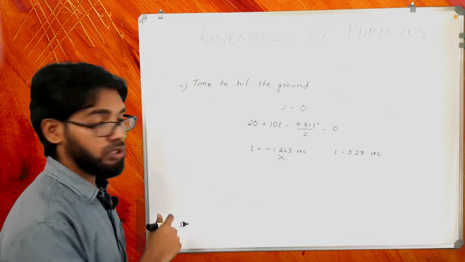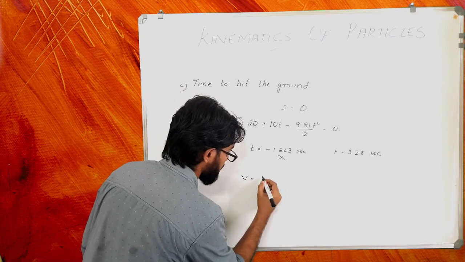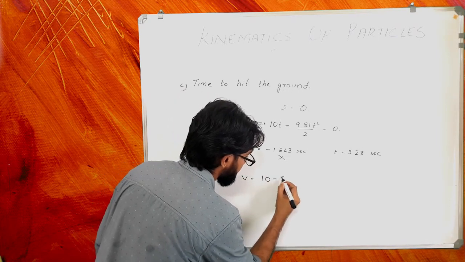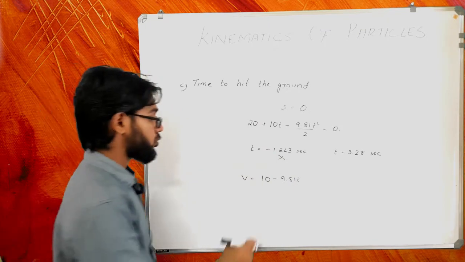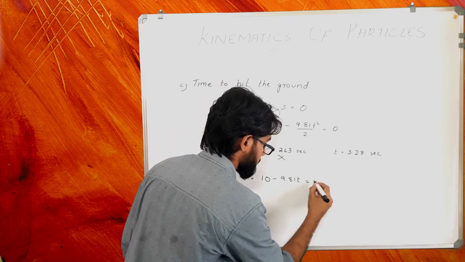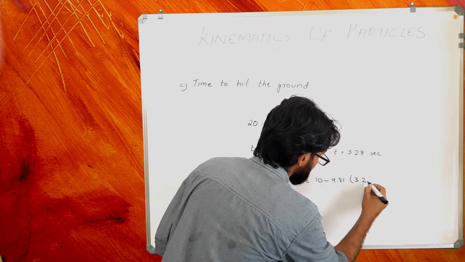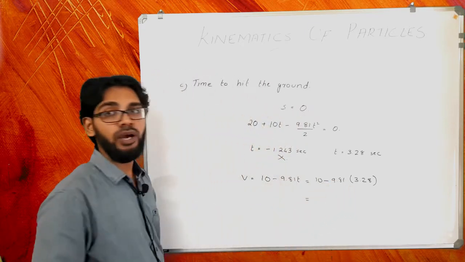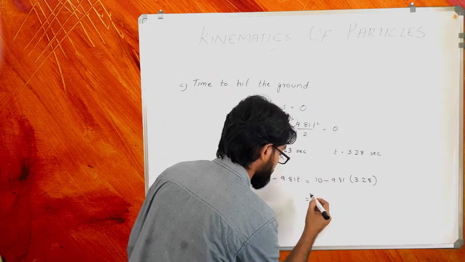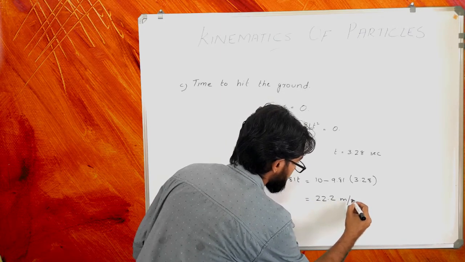I substitute this value in the equation of velocity. V equals 10 minus 9.81 t. If I substitute the value of t here, 10 minus 9.81 into 3.28, I'll get the value v equals 22.2 meter per second.